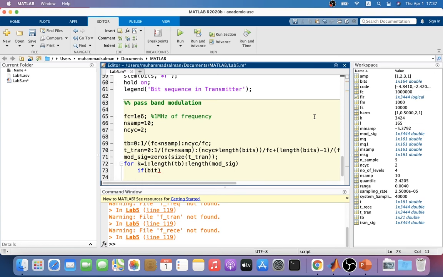So let's say I declare another variable here.